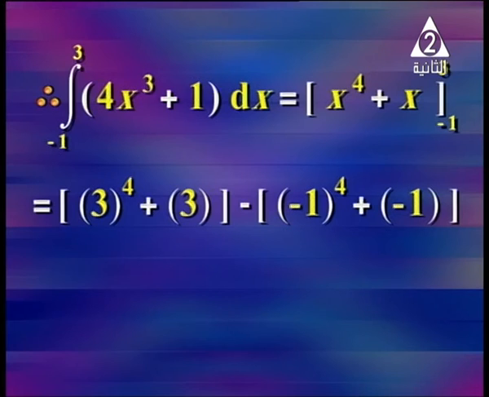Because the integral of 4x^3 is 4 multiplied by x^4 over 4, the answer is x^4. What is the integration of 1, dear student? It is x, from negative 1 to 3. After that, by substitution, x equals 3: 3^4 plus 3 minus, negative 1 to the power 4 plus negative 1. The answer is 84.